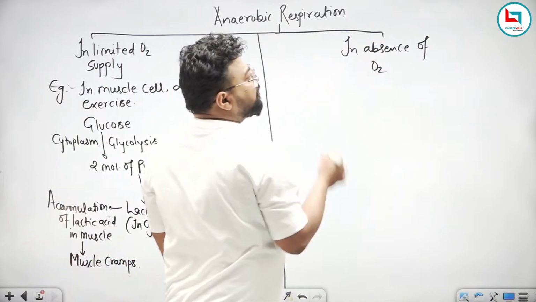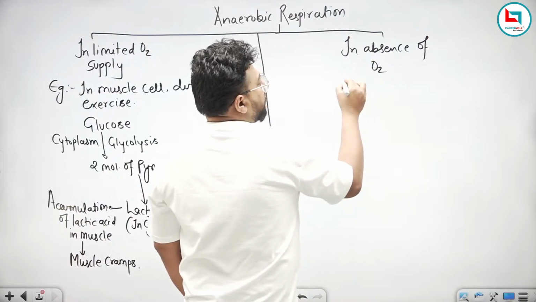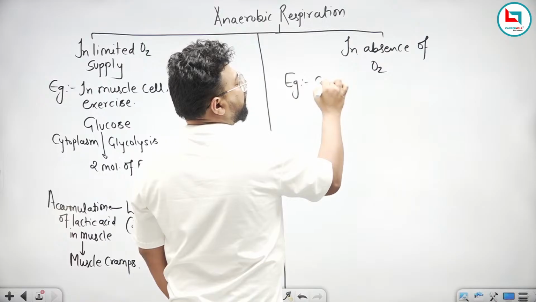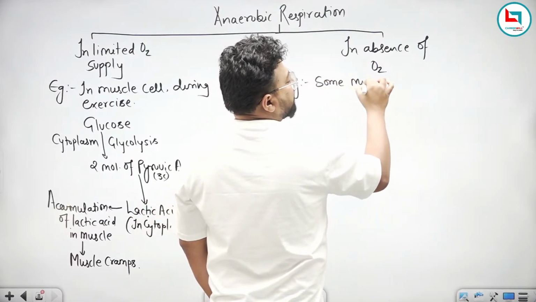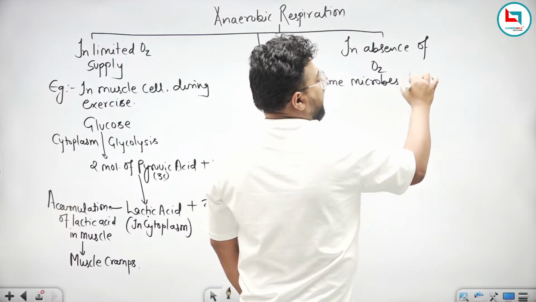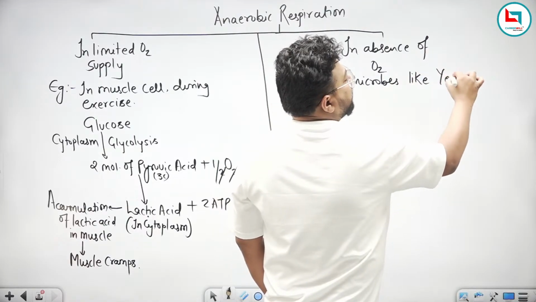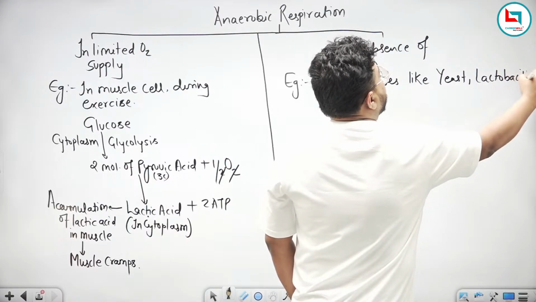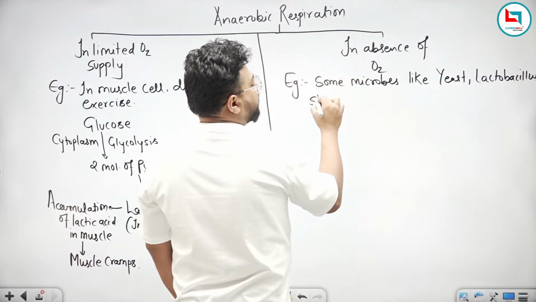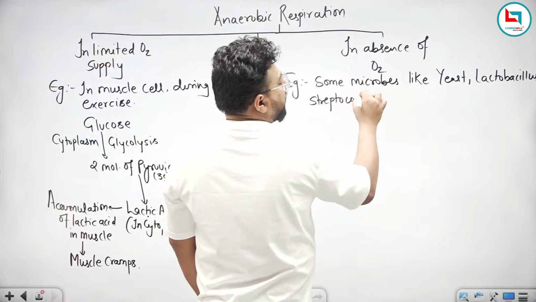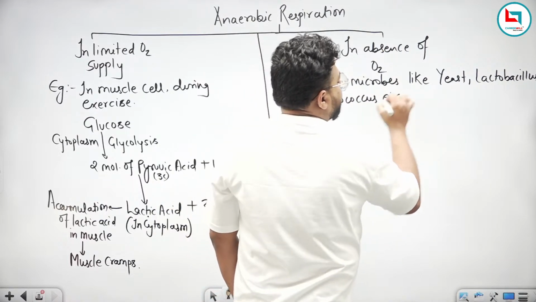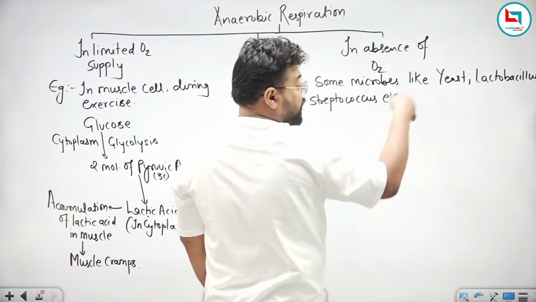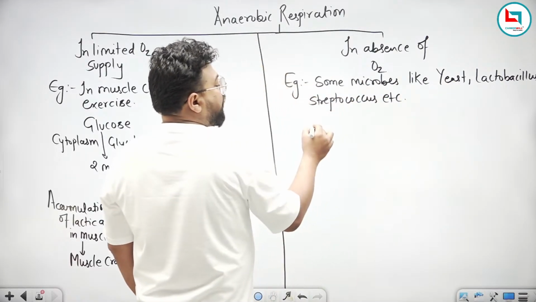On the other hand, in absence of oxygen, these reactions are performed by some microbes which can survive without oxygen, like yeast, lactobacillus, streptococcus, etc. Now, we generally use yeast in the alcohol industry.